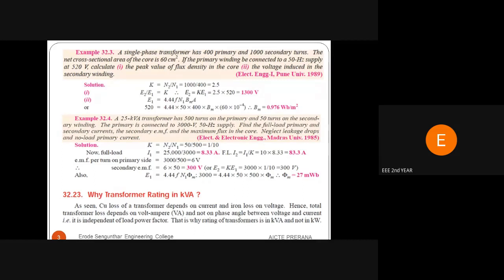Okay. Then finally, we have to determine the maximum flux from E1, the induced EMF in the primary winding. That is E1 equal to 4.44 F N1 phi m. The unknown data is the maximum flux, phi m only. All other data are available. We substitute 3000, 4.44, F as 50, and N1, the primary winding number of turns, 500.